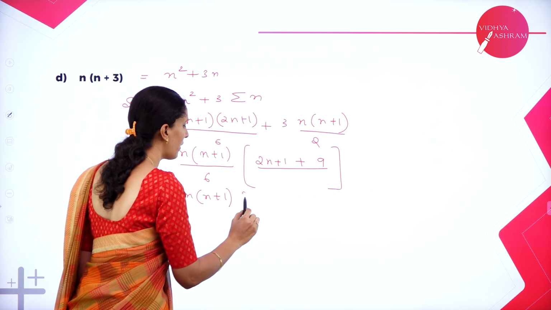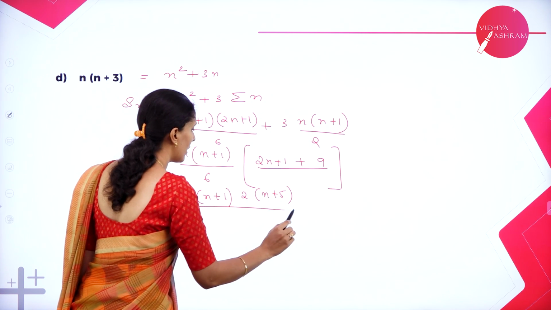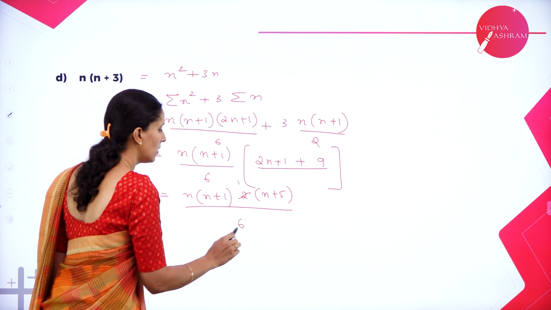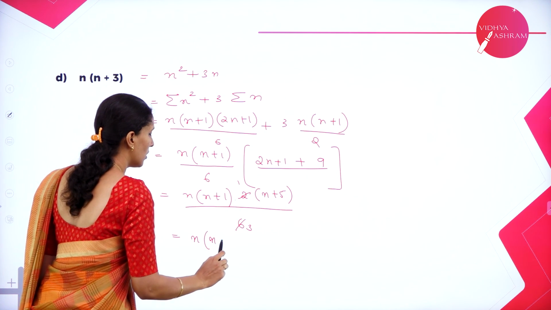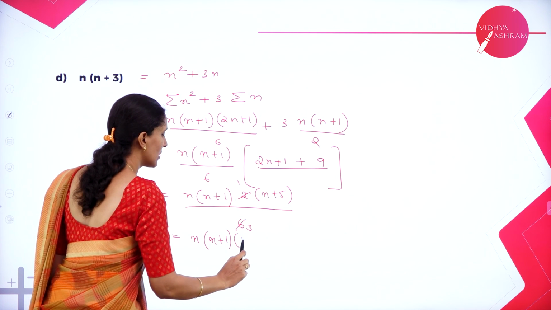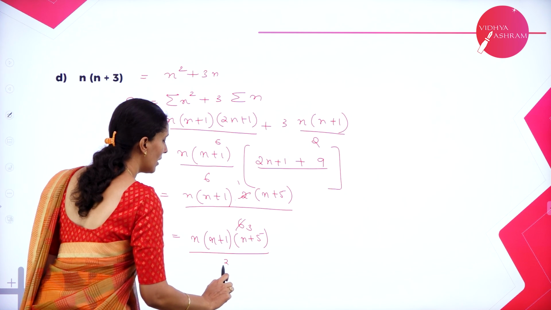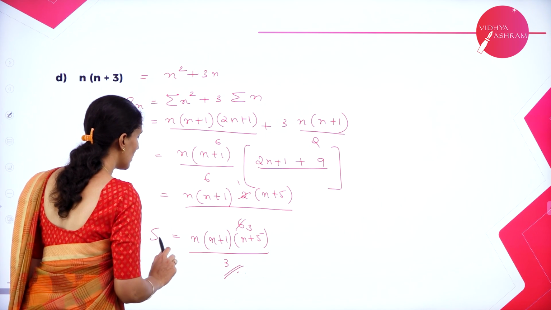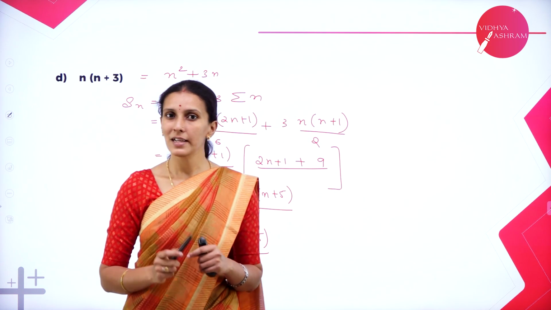So again 2 if I take as a common factor, I will get n plus 5 divided by 6. 2 1's are, 2 3's are. So therefore the equation or the term is n into n plus 1 into n plus 5 divided by 3. So this is the sum of the series of the form n into n plus 3.